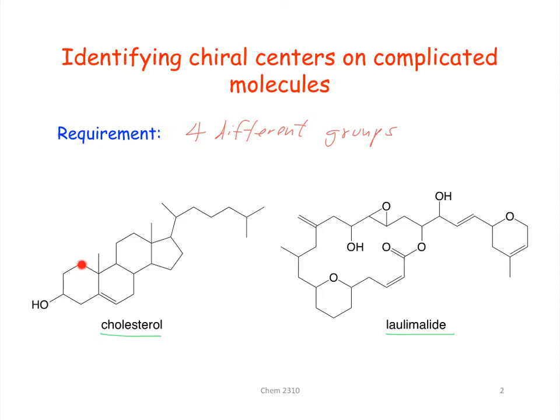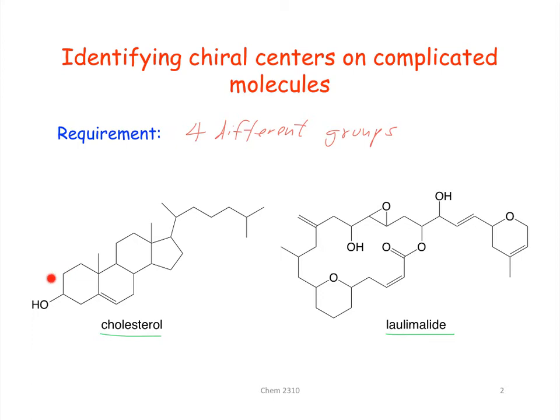Right, so if we look at one of these carbons in this skeletal structure, what we want to do to determine whether there's a chiral center is figure out if there's four different groups, right? So in this case, we know that this has two hydrogens here, so if it has two of the same groups, then this can't be a chiral center. Same thing here, right?